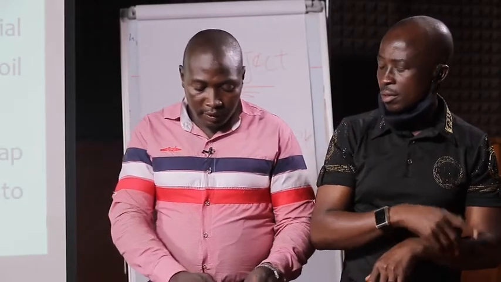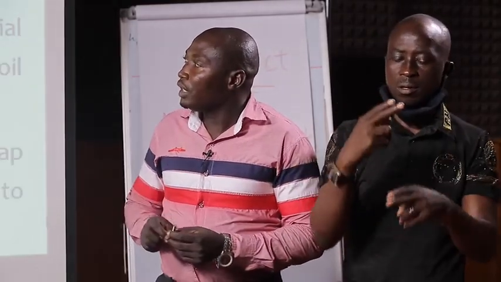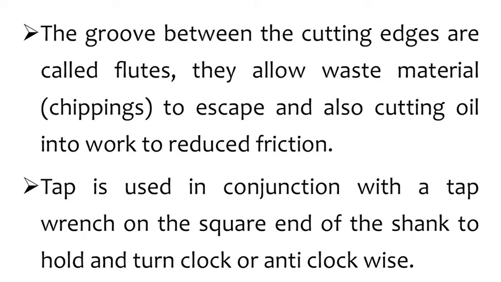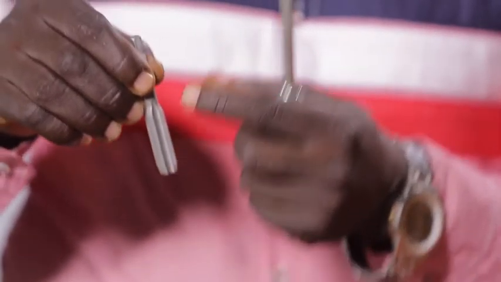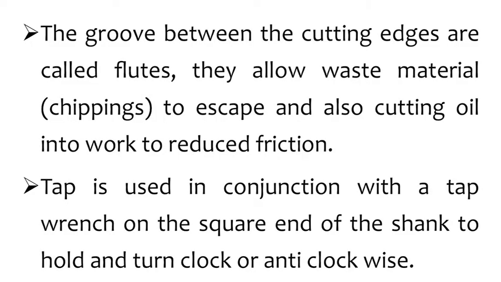The tap consists of a groove called flute. It has a groove in between the cutting edges along the length of the tap, and this is called the flute, which is used to allow waste material, known as chippings, to escape, and also to carry cutting oil into the work to reduce friction while cutting.